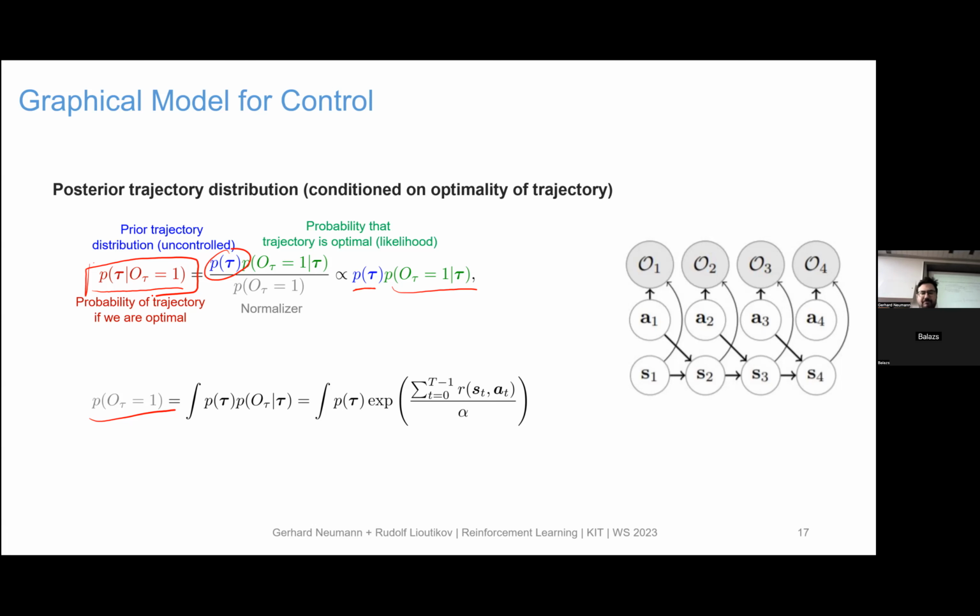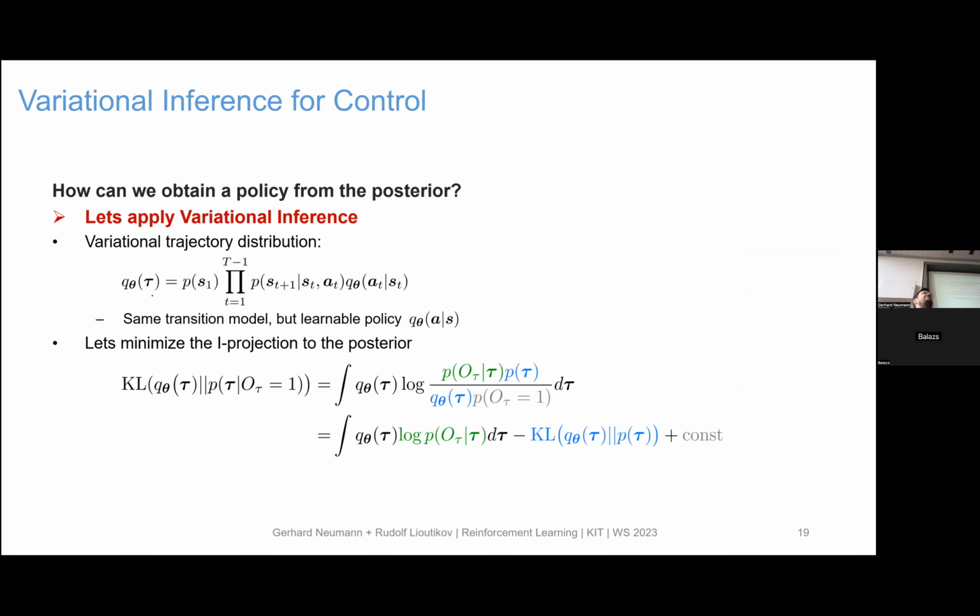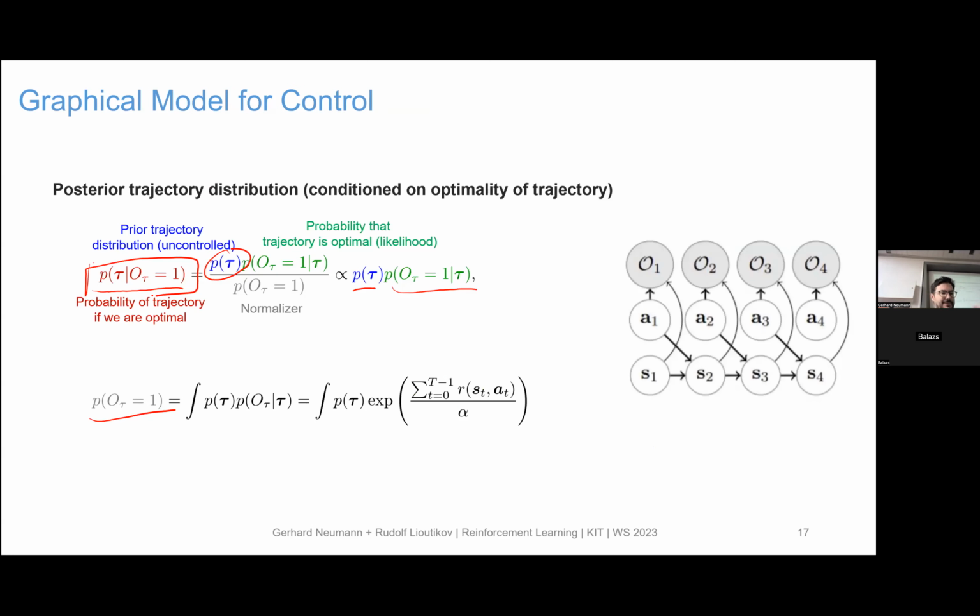And I can apply variational inference. Maybe one more thing to say. I want to have this posterior, isn't it? But I cannot compute the posterior because of this guy, the normalizer.